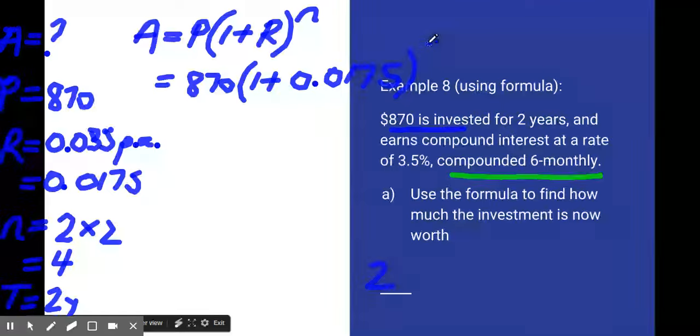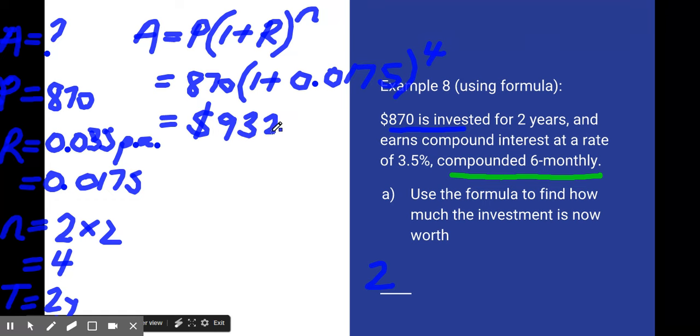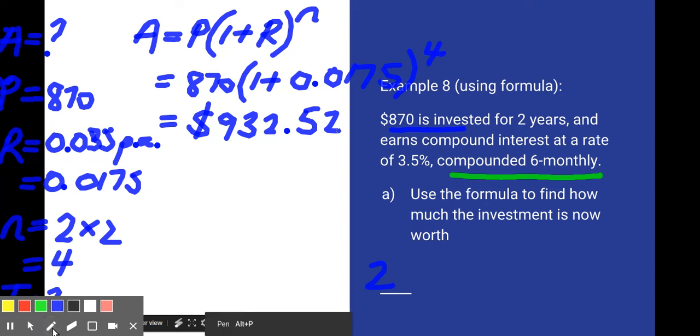And we know that the number of compoundings is 4. Plug it into a calculator, and you should get $932.52 if we round to the nearest cent.